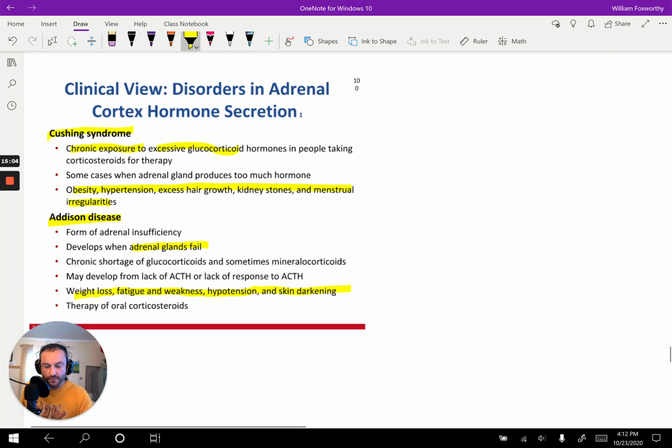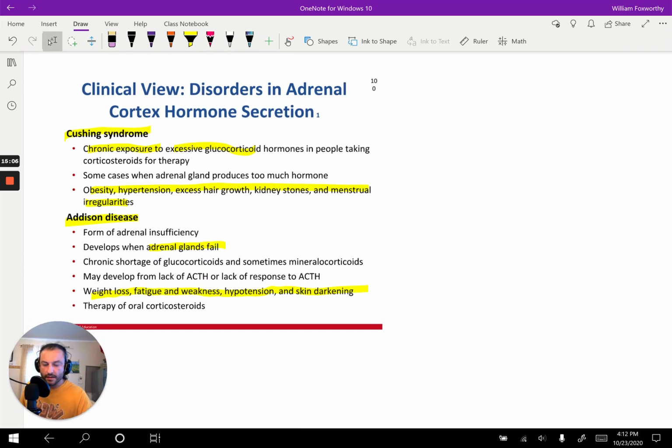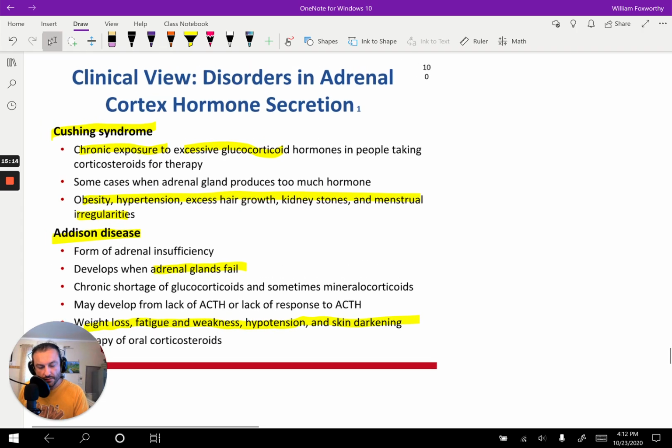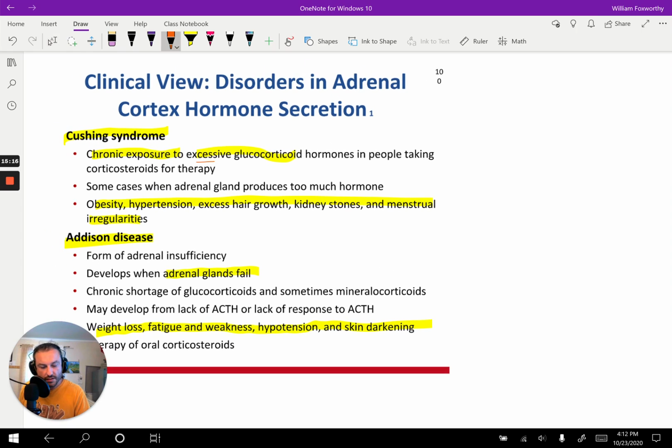There are several disorders which are manifested from problems in adrenal cortex hormones. Cushing's syndrome is something that happens when you have chronic exposure to excessive glucocorticoids, and this happens if you're taking corticosteroids either in high doses or for too long a period of time.